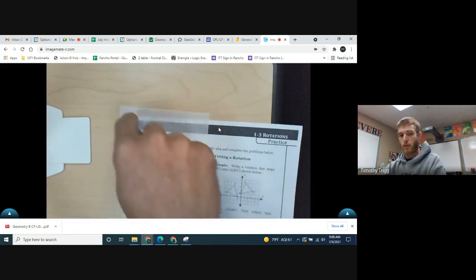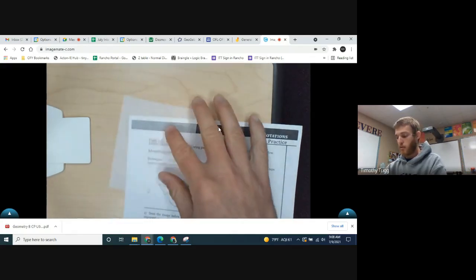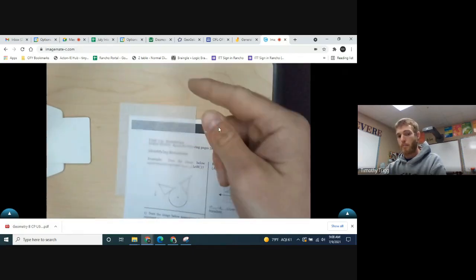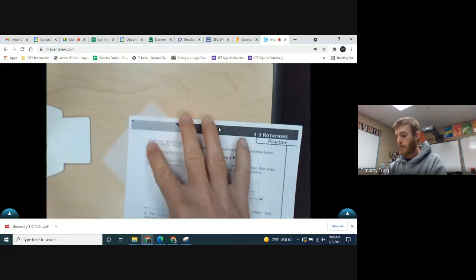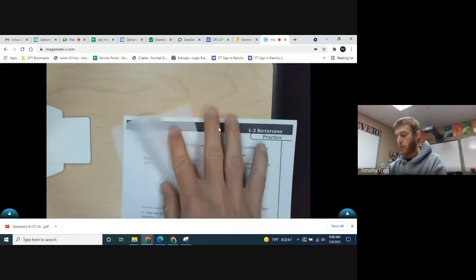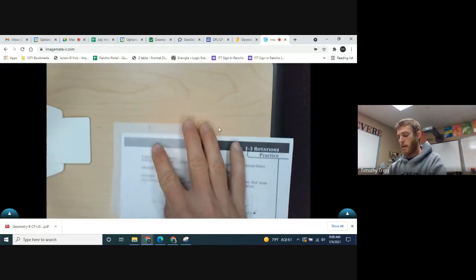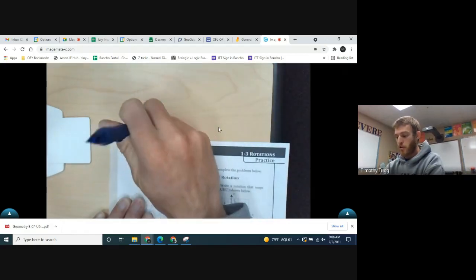Now this corner lines up. Then if I rotate another 90, so 180 in total, now it's pointing down. Originally it was pointing up, but now it's pointing down. So that's a rotation of 180. At 270 rotation, now it's pointing to the right. And then 360 gets us back to where we started. So the image and pre-image are in the same position.